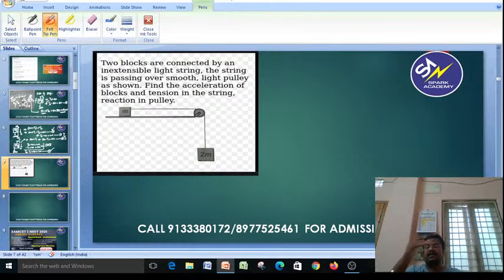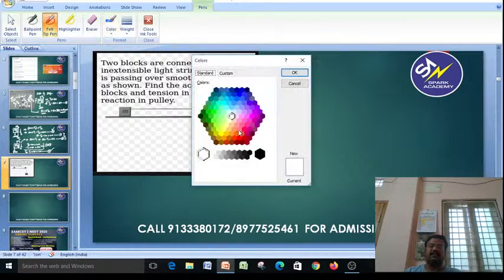The M block is placed on the horizontal smooth surface. The string is passing over a smooth light pulley as shown in the figure. Find the acceleration of the blocks, the tension in the string and the reaction on the pulley.